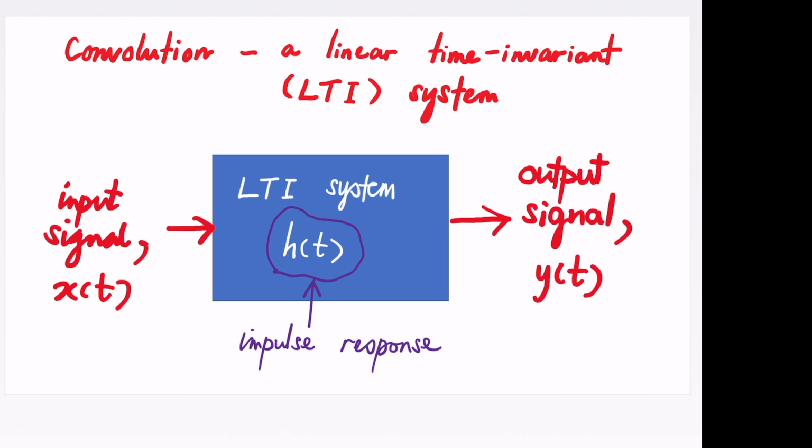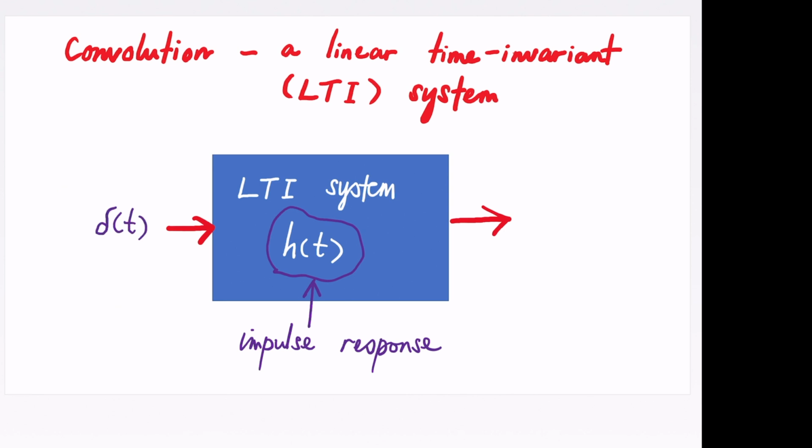Why is h(t) called the impulse response? The impulse response is obtained when the input to the LTI system is an impulse signal delta(t).